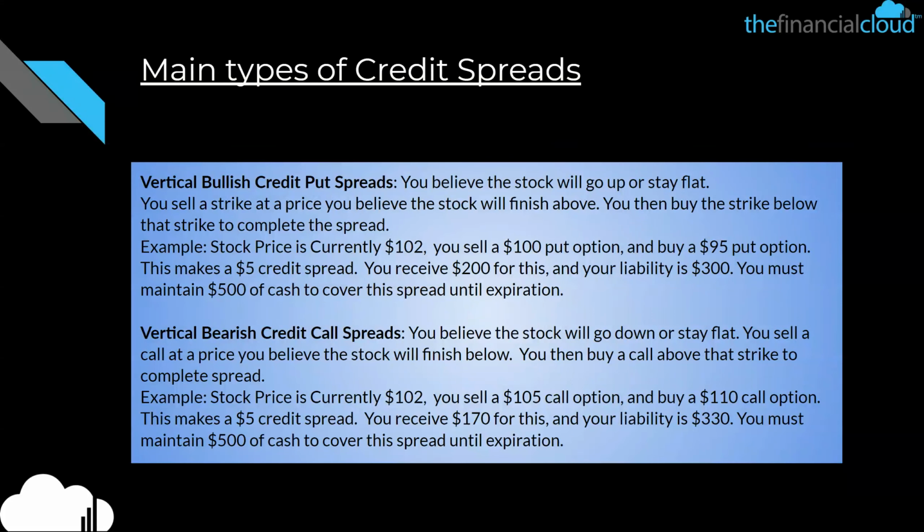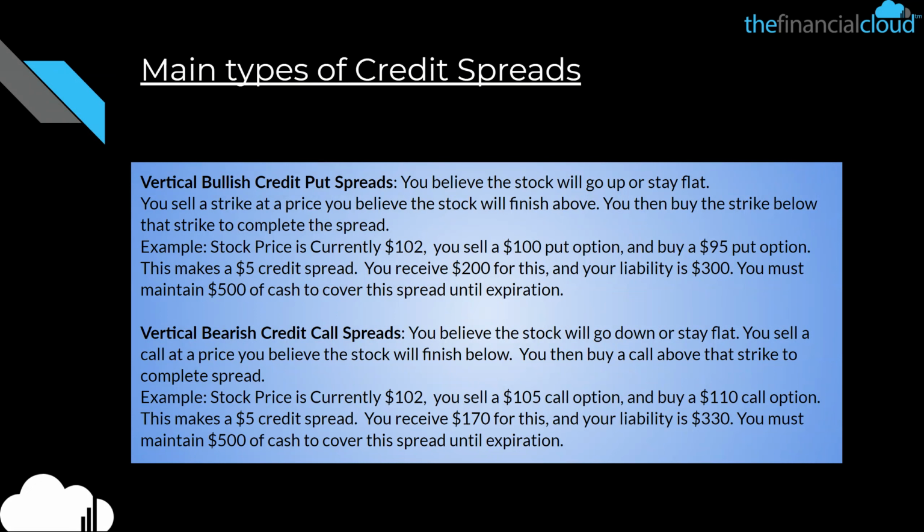So let's say Wednesday, the stock is currently at $102, and you believe the stock's going to go up the rest of the week. You're bullish on it, right? So you would sell the $100 put option, and you would buy the 95 put option, thus capping your losses potentially. This makes a $5 strike spread.